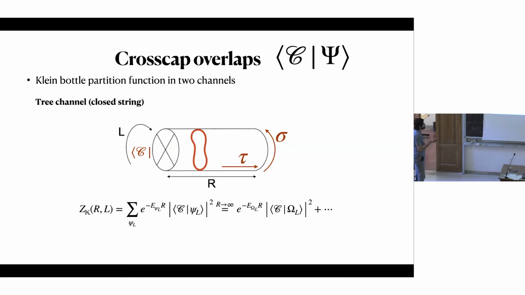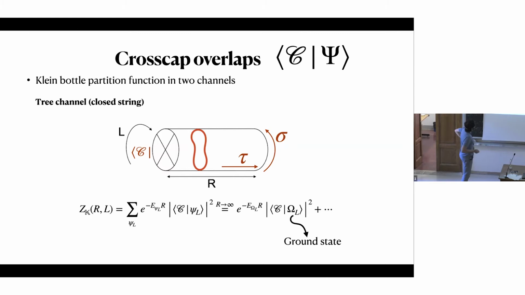This is, if you want, the definition of the partition function on the Klein bottle. Now, suppose I take R to be very large. Then this projects me onto the ground state. So the partition function in the large R limit gets reduced to essentially the overlap between a cross-cap state and the ground state of the model. Is that clear?